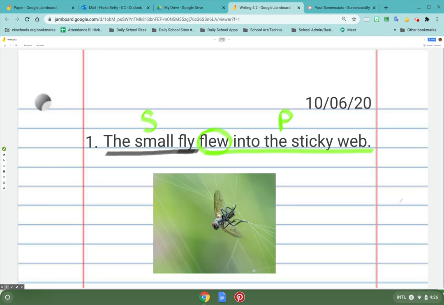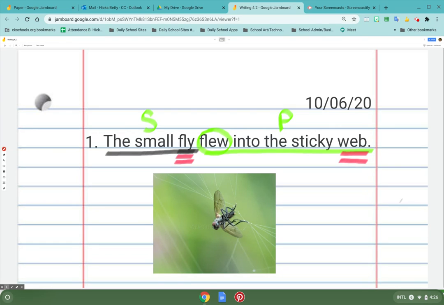Then what I do is I go and I think about, did I add an adjective? So I have to identify my nouns. Well, fly is a noun. It's a creature. Web is a thing. Then I say, well, I could have written this sentence: The fly flew into the web.